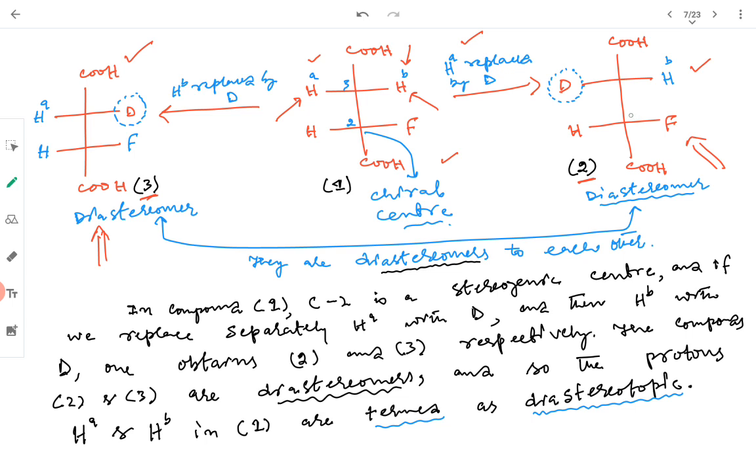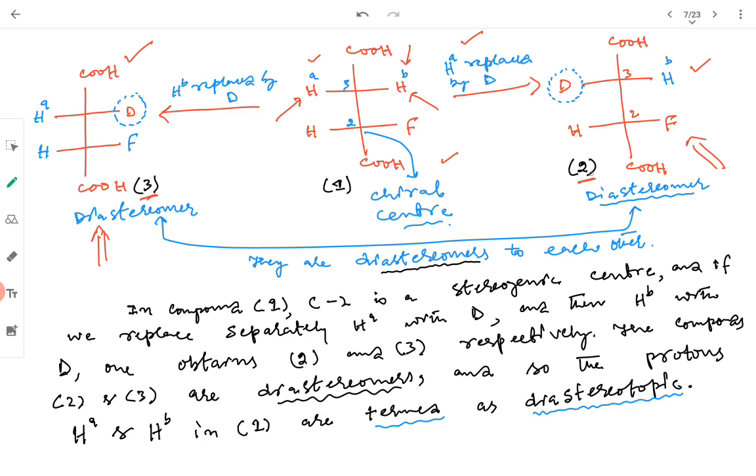So you can see this is carbon number 2 and this is carbon number 3. At carbon number 2 they have the opposite configuration, while at carbon number 3 they have the same configuration, right? No, at carbon number 2 they have the same configuration, while at carbon number 3 they have the opposite configuration.